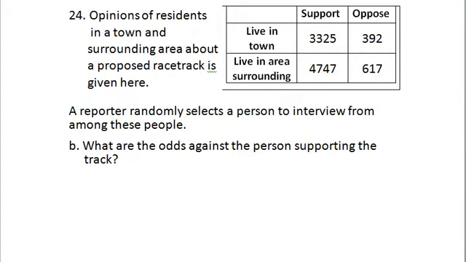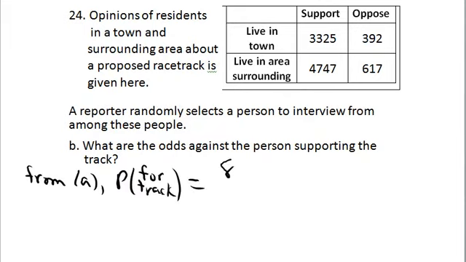So what we need to do is remember that we already have a result from part A. We already know that the probability that a person would be for the track is 8/9. And now they're asking about odds.